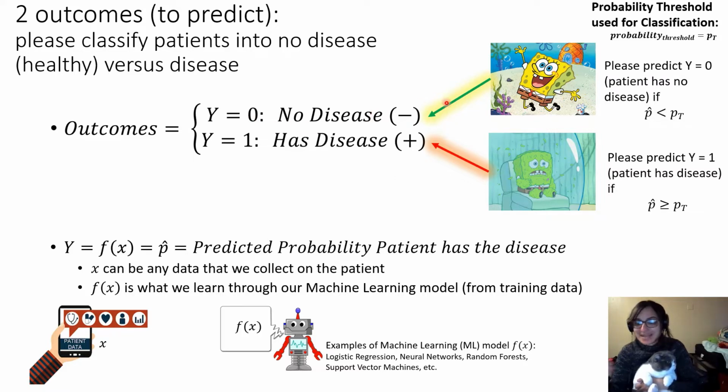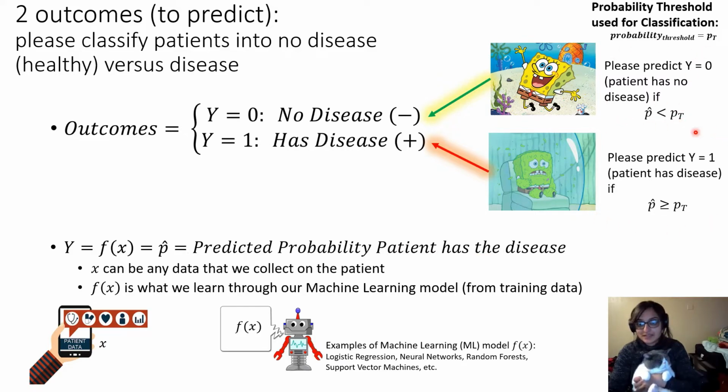No disease, a healthy, happy SpongeBob, having the disease, the kind of unhealthy SpongeBob. So we get a predicted probability of having the disease. And we put that through a classifier, where essentially we're predicting that the individual does not have the disease if the patient's predicted probability of having the disease is less than some probability threshold PT.